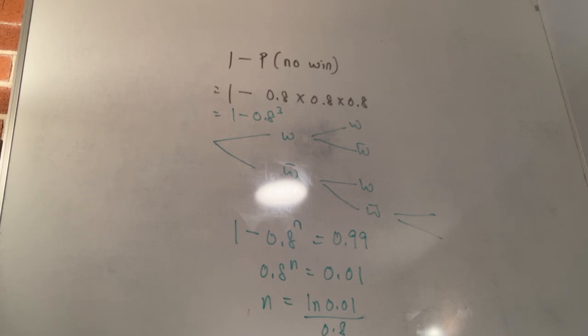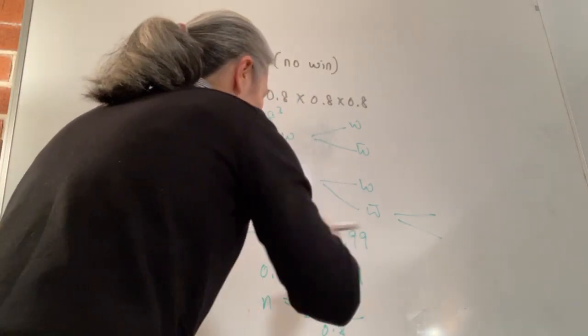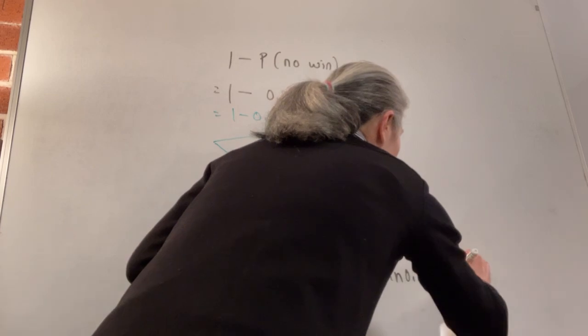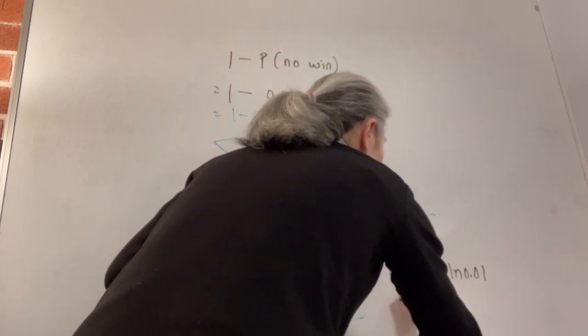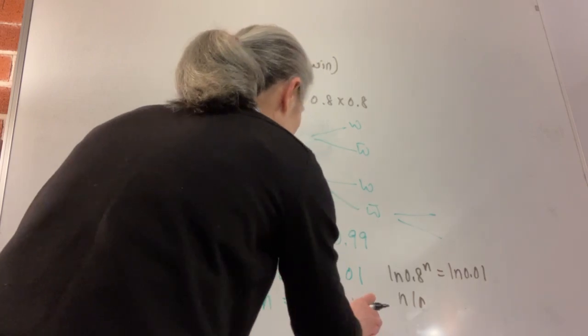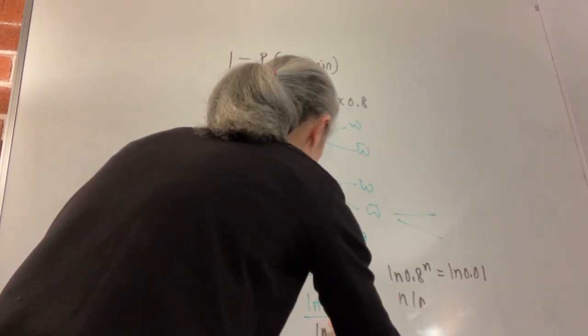You ln both sides because it brings the n to the front. Yes. ln 0.8 to the power n equals ln 0.01, so n times ln 0.8 equals ln 0.01. Okay, that makes sense.